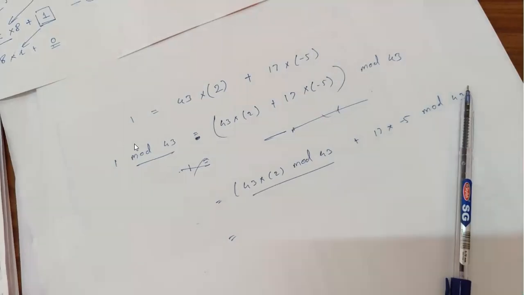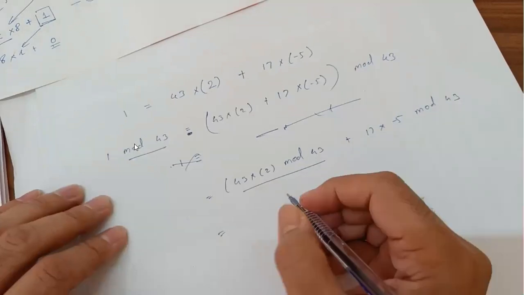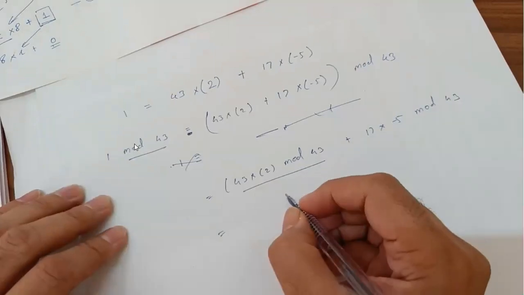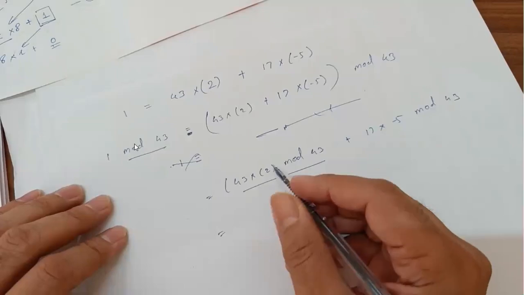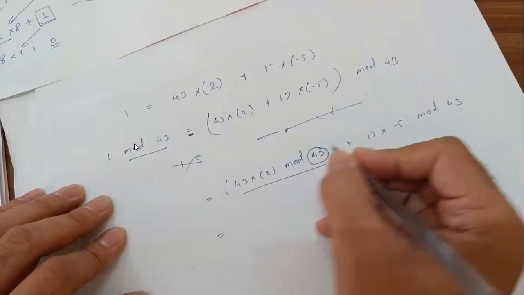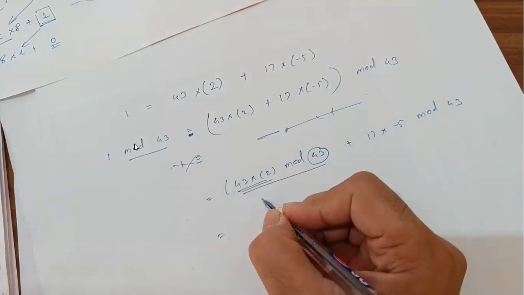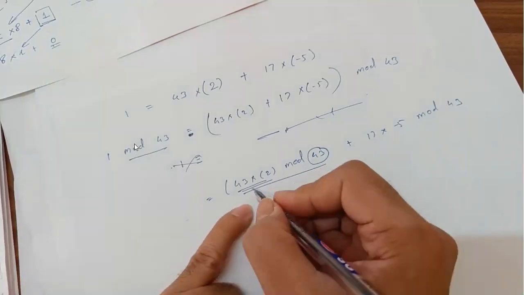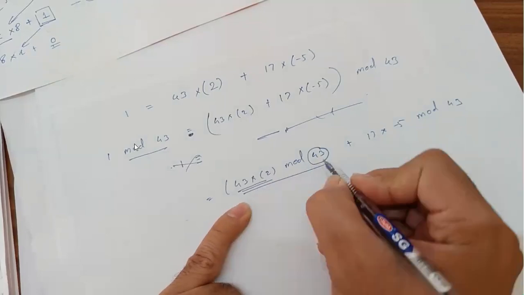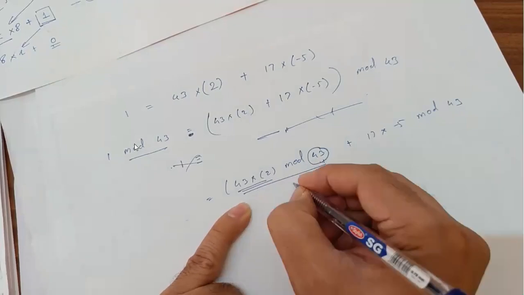It will be 0. Why? Because there is no remainder, because the number is a multiple of the same mod operation, so you will not get any remainder here.